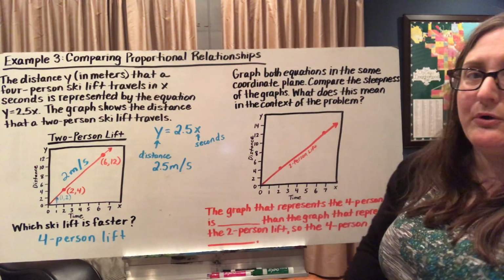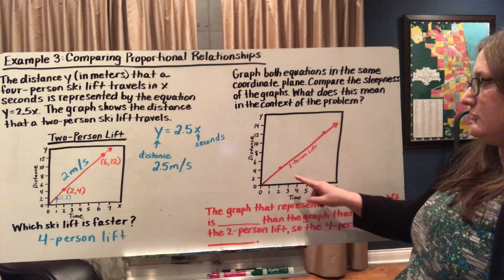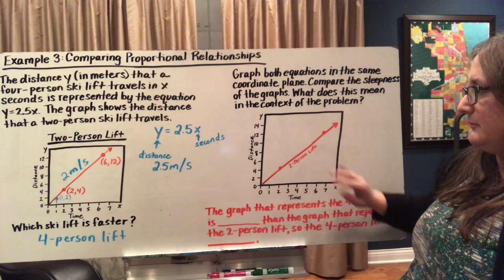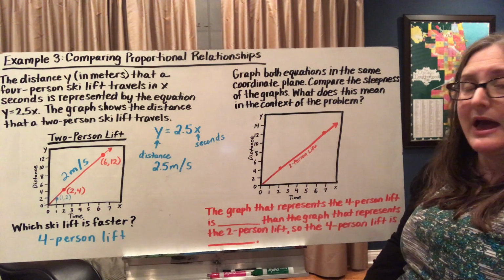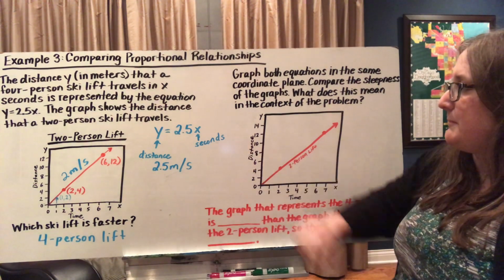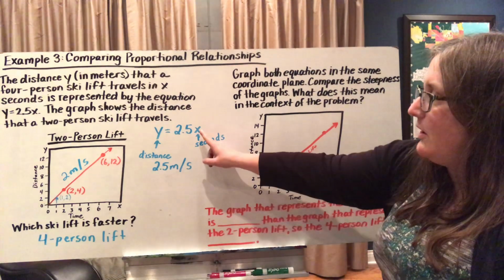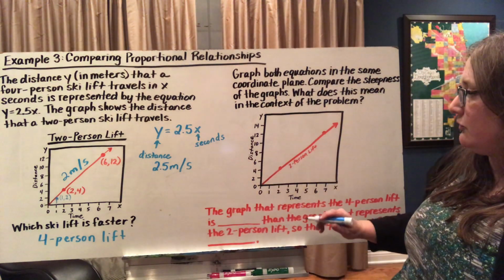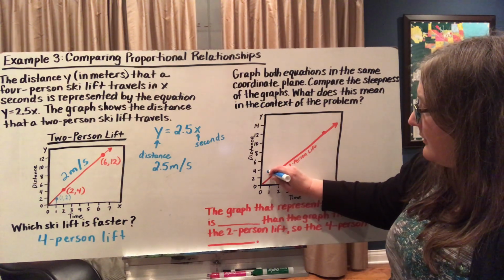Now if we're graphing them both on the same graph, here's my 2-person lift, same as this graph right here. I just copied this one down here. I'm going to add my 4-person lift here. Well, in 1 second, if I plug in 1, I'm going to go 1 times 2.5 or 2.5 meters.